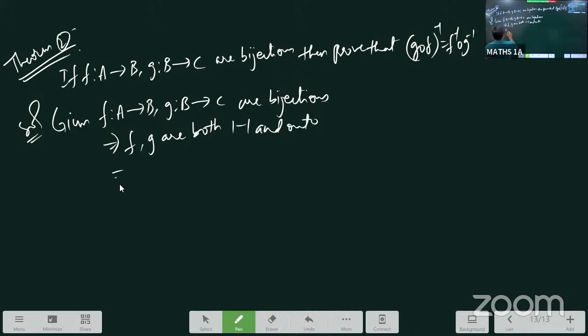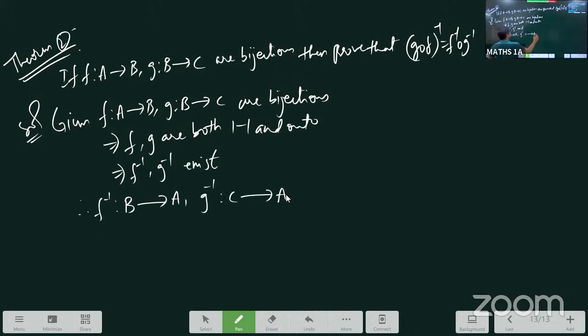That implies f inverse and g inverse exist. Therefore, f inverse is a mapping from B to A and g inverse is a mapping from C to B, and they are also bijections. Is it clear?